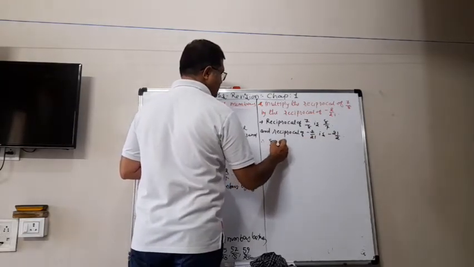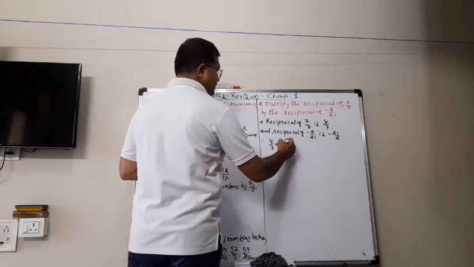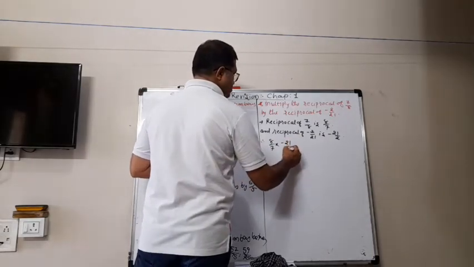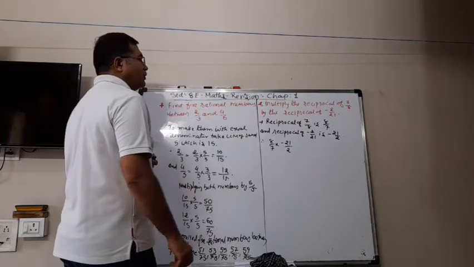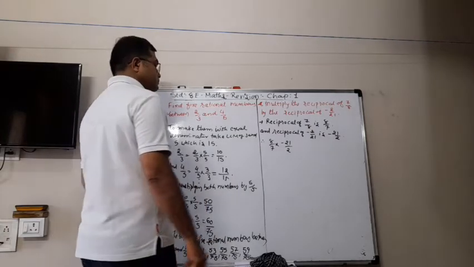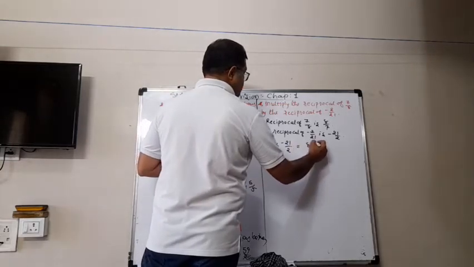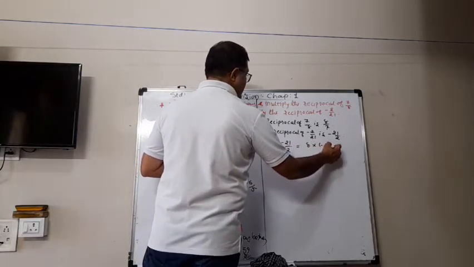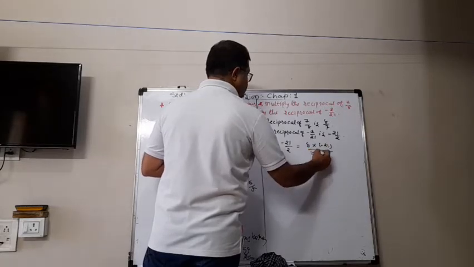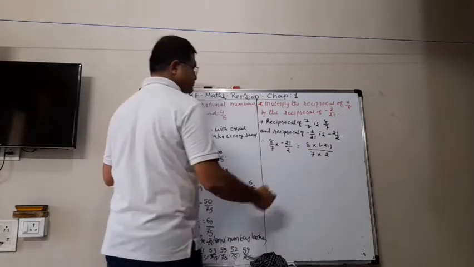Therefore 8 by 7 multiplied by minus 21 upon 2 is equal to 8 multiplied by minus 21 upon 7 multiplied by 2.